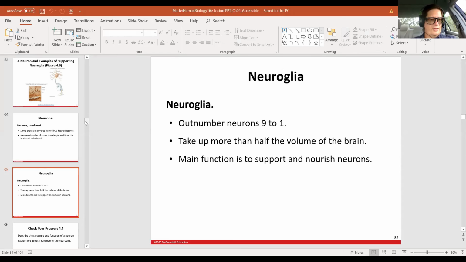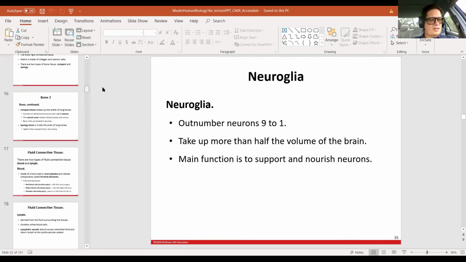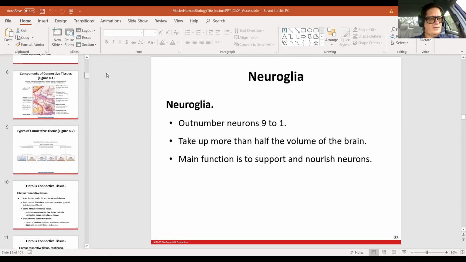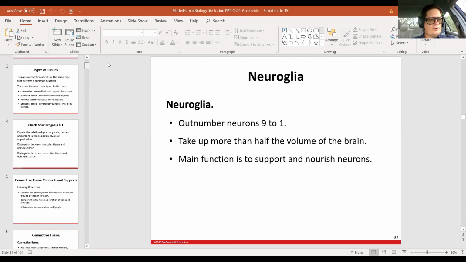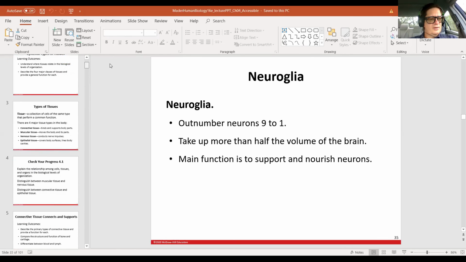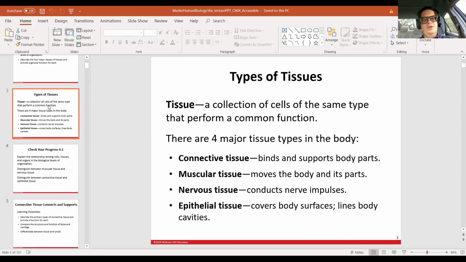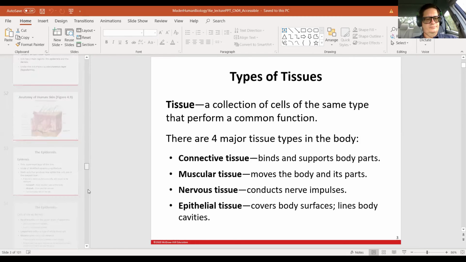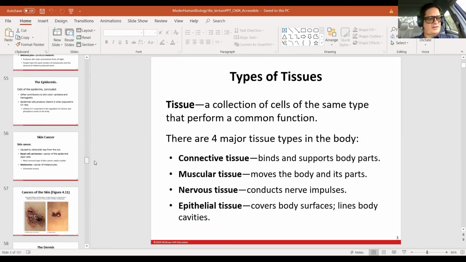Maybe the third. Oh, yeah, we did muscular. Yeah, so we did connective tissue. We did muscular tissue. We did nervous tissue. We're now going to talk about the fourth one. It's the epithelial tissue. All righty.